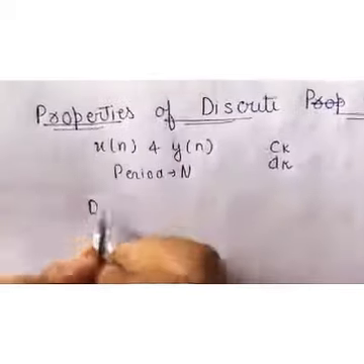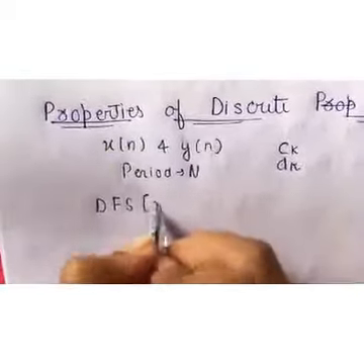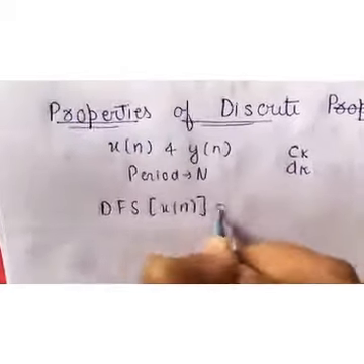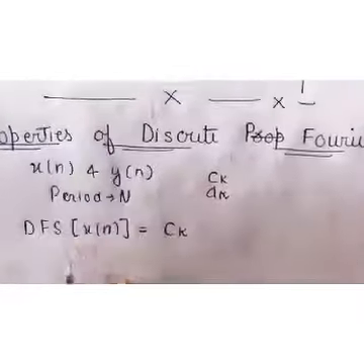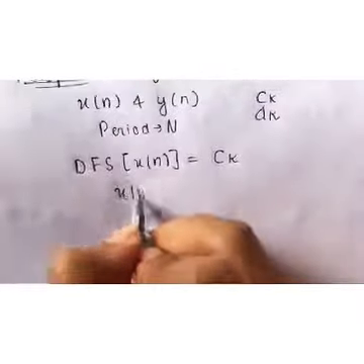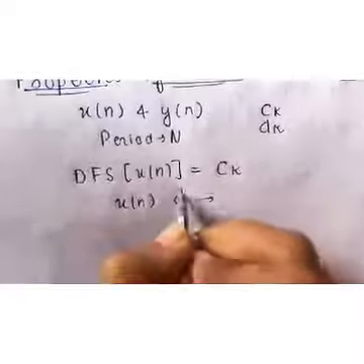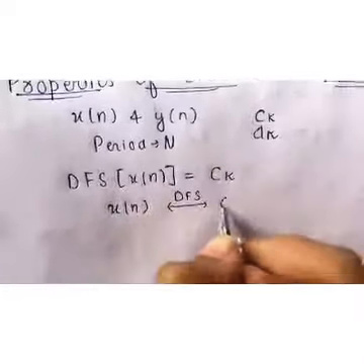So the discrete Fourier series of x of n has coefficient c of k, or we can say x of n forms a discrete Fourier series pair with c of k.